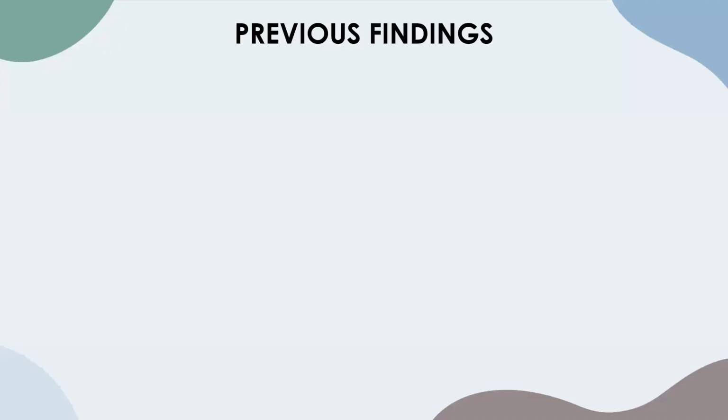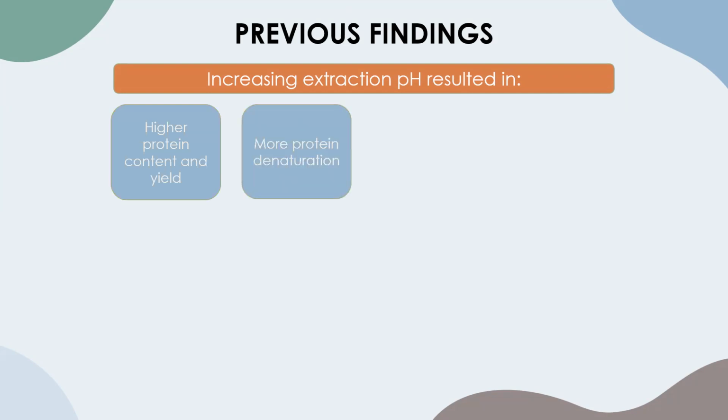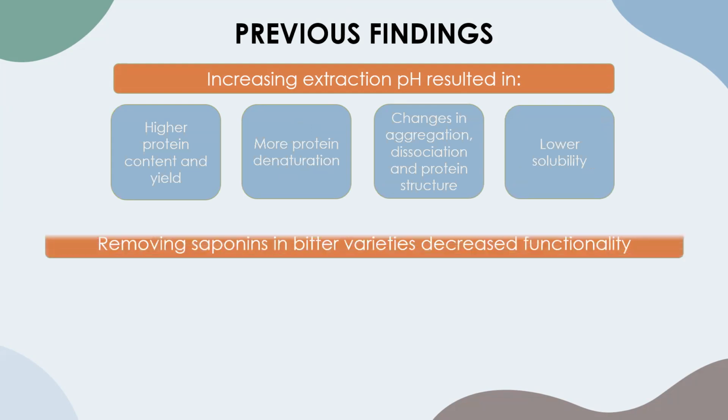So to set the stage, previous findings on quinoa protein isolates include that increasing the extraction pH results in a higher protein content and yield, more protein denaturation, changes in aggregation, dissociation, and protein structure, as well as lower solubility.